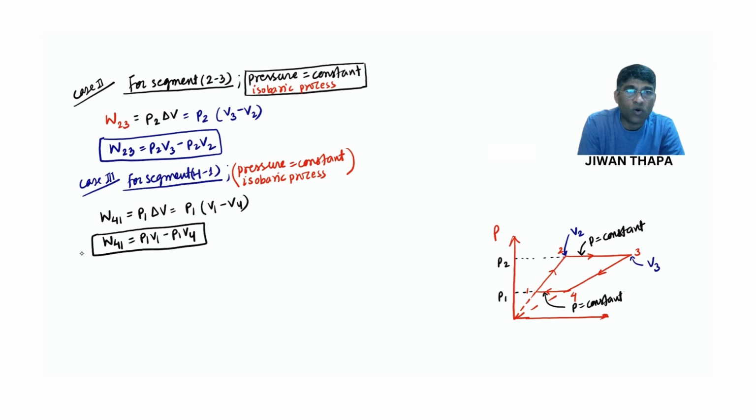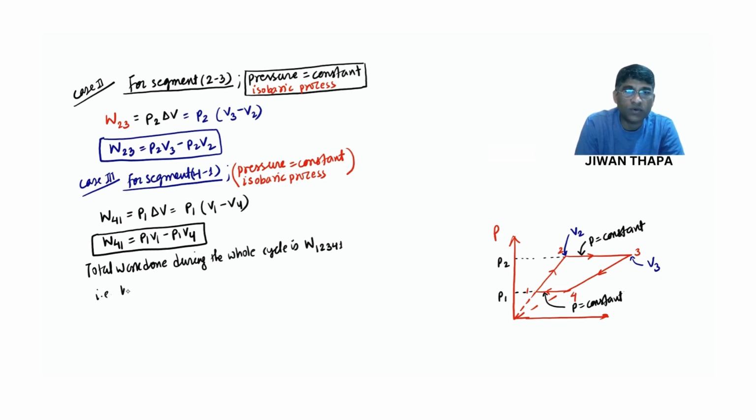Now total work done during the whole cycle is W1, 2, 3, 4, 1.